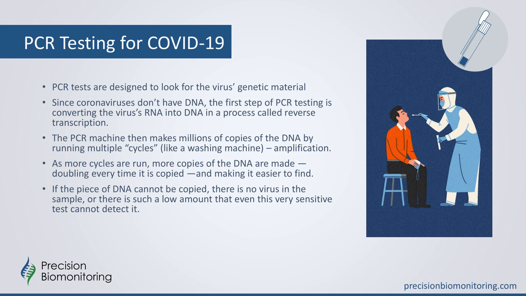After that exponential amplification over 35 or 40 cycles, you have a lot more than what you started with. If that piece of DNA cannot be copied or detected at the end of PCR, then either there's no virus in the sample or there's such a low amount that the test can't detect it. Those are the principles behind how this is applied to COVID testing.